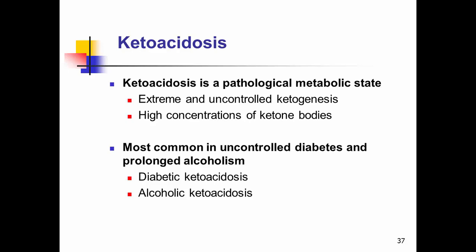A diabetic patient usually has higher lipolytic activity, so lipolysis increases and releases a lot of fatty acids into the circulation. Again, a diabetic patient, type 2 diabetes, usually has high levels of free fatty acids, which we know is one of the important regulatory factors. So the high level of fatty acids can be picked up by the liver for making ketone bodies.